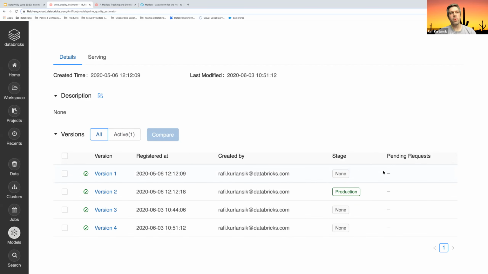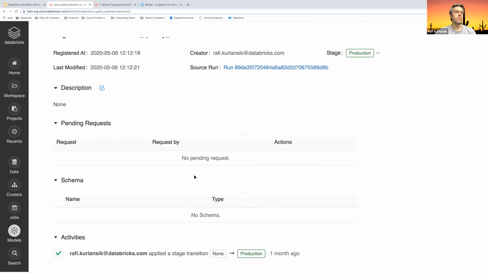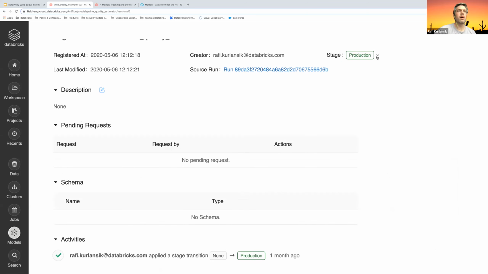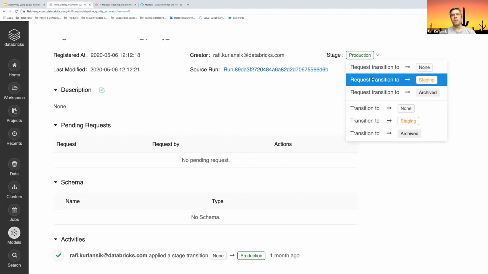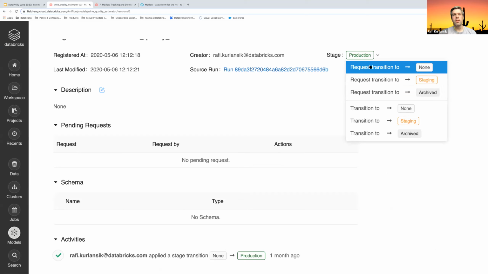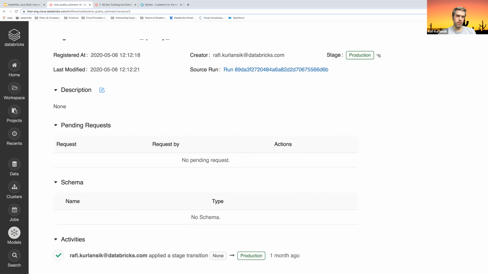You can essentially request that a model be moved. Okay, here. So I can request that this be decommissioned or that it goes back to staging, things like that. And again, this helps manage the life cycle of the machine learning engineering practice.